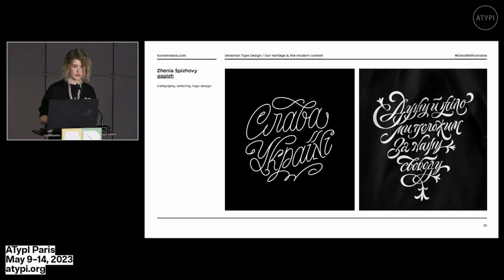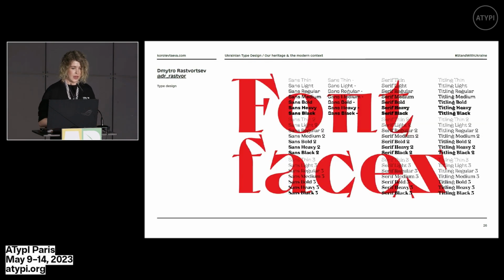And by the way, this work received a TDC award this year. This is a typeface superfamily by Dmytro Rastvortsev, Ukrainian type designer. This type family is called ATypI. And also in this series, you can see some influence from Georgy Narbut.